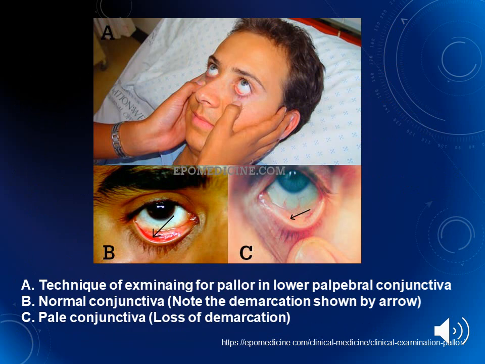This slide demonstrates technique of examination of visible mucous membranes or palpebral conjunctiva. The picture on the left corner shows normal conjunctiva, and the picture on the right corner shows pale conjunctiva in the patient with anemia.